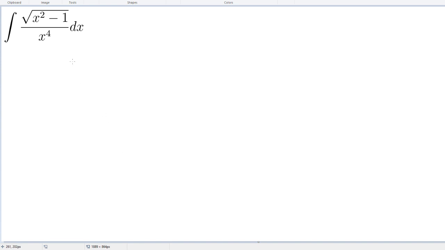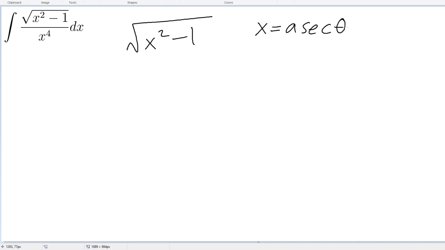So we have this integral of the square root of x squared minus 1 all over x to the power of 4. When we have this type of case where x squared minus 1 is here, I want to use this substitution, using secant.